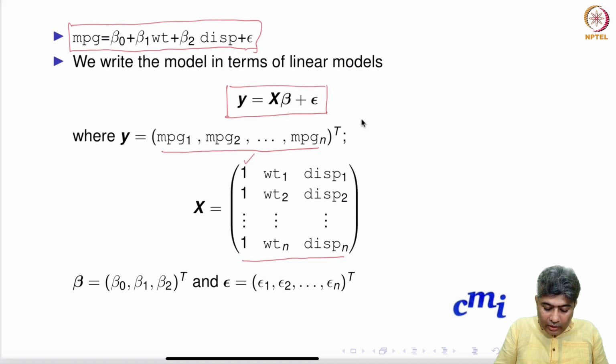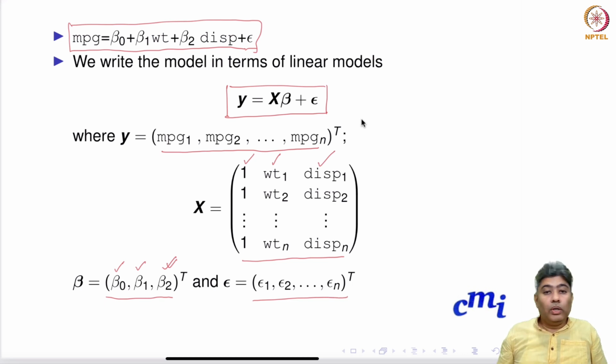Previously we had the intercept column and weight, and the third column in my design matrix is displacement. The regression coefficient vector now has a third parameter, beta 2. Previously I just had beta 0 and beta 1, and now we have beta 2. The residual vector is as usual epsilon 1, epsilon 2, up to epsilon n.